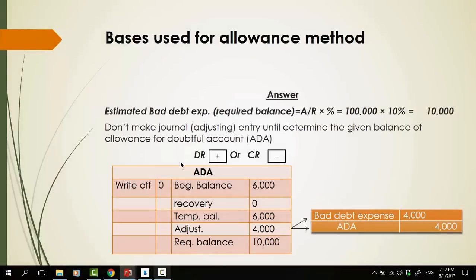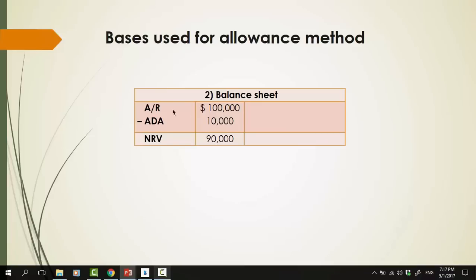The ADA recorded balance is already $6,000, and I want a required balance of $10,000. Then we will make an adjustment with $4,000. In the balance sheet, accounts receivable $100,000 minus ADA $10,000, then I will reach $90,000.